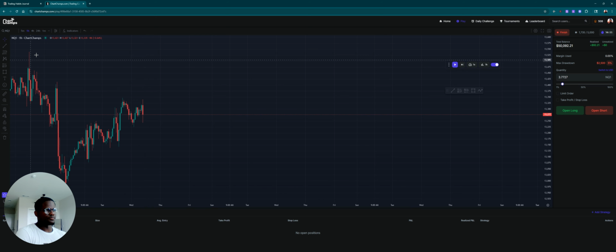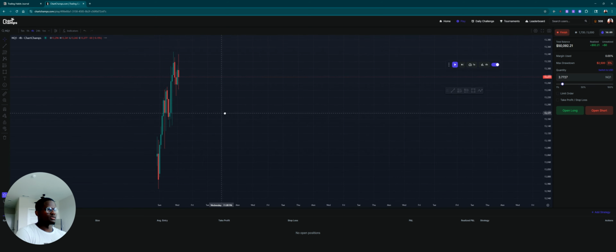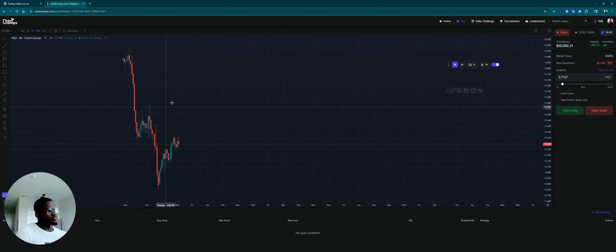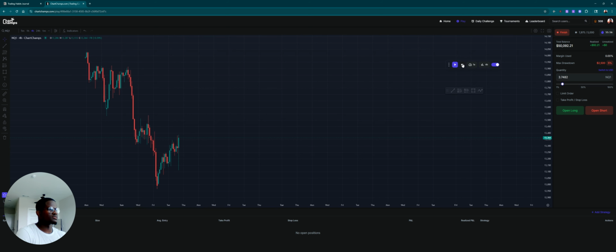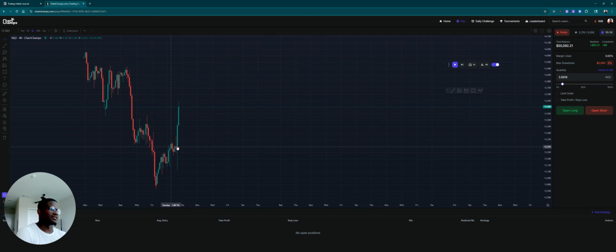It's 9. Probably not going to trade this. This is too much chop on a higher time frame. So I'm just going to go to the next day. 7, 8, 9. It's so funny that after my session, the actual move happens. It's so crazy.